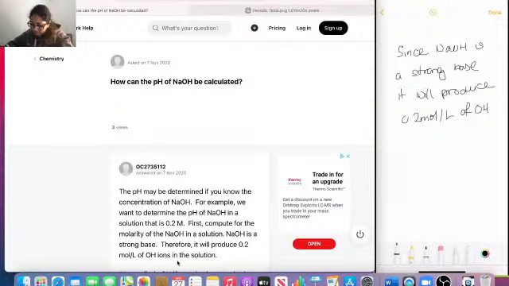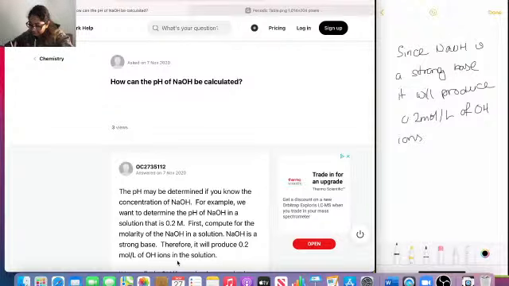So we're trying to find the pH of actually OH. We have 0.2 moles per liter of OH ions, dissolved in the solution completely.